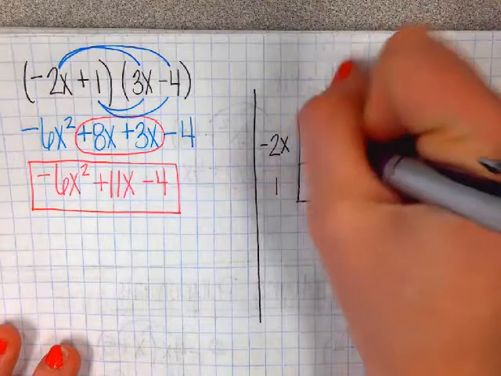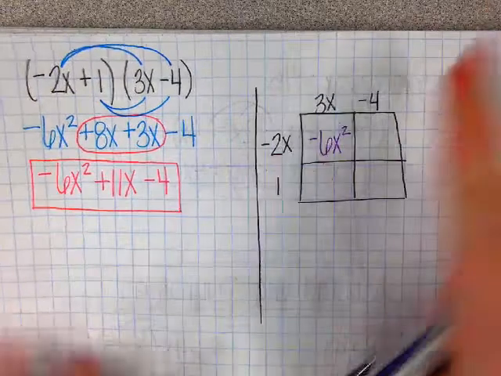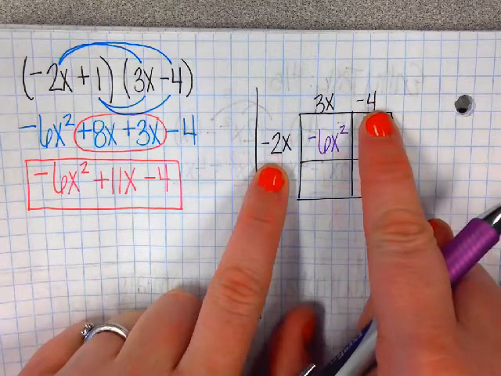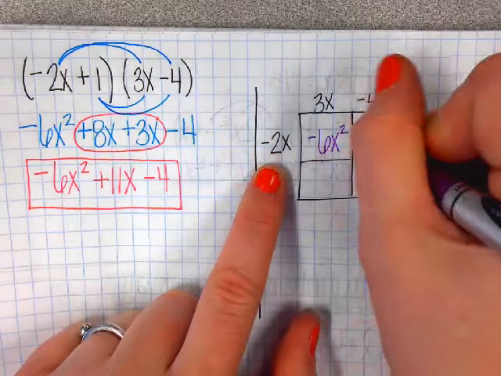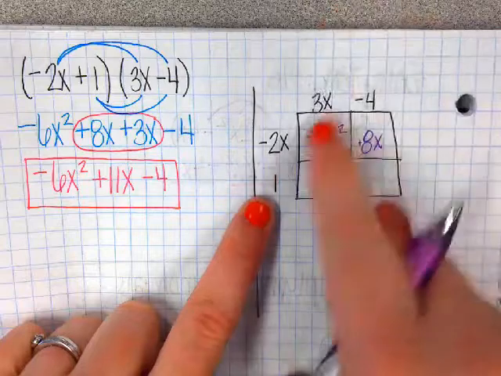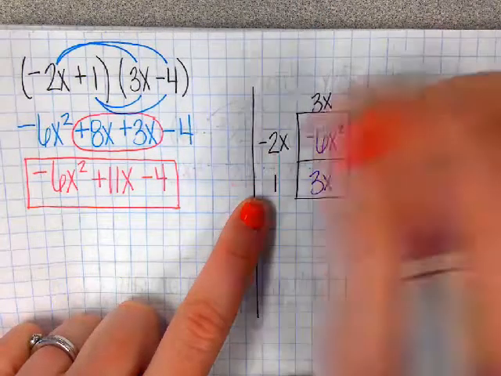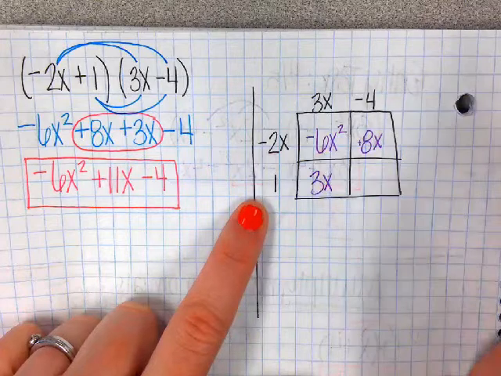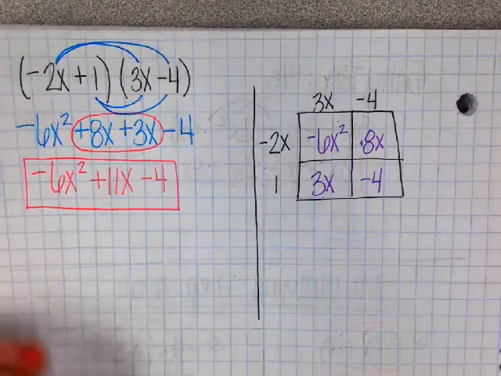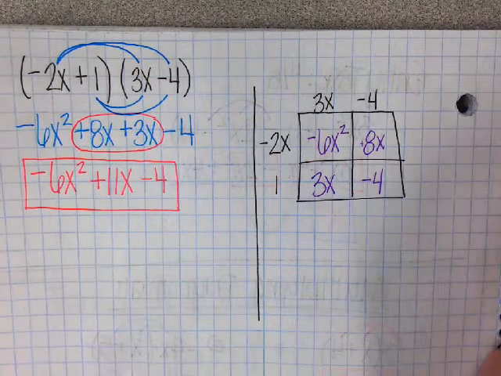What's 3x times negative 2x? Don't forget the negative. Negative 6x squared. Negative 2 times negative 4. It's positive 8x. 3x times 1. 3x. 1 times negative 4 is negative 4.